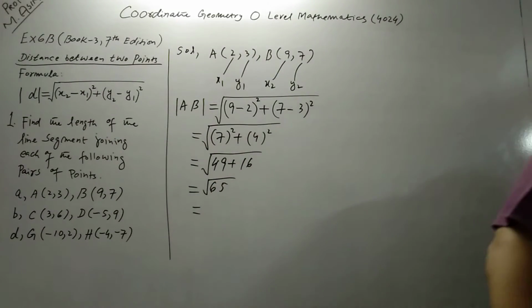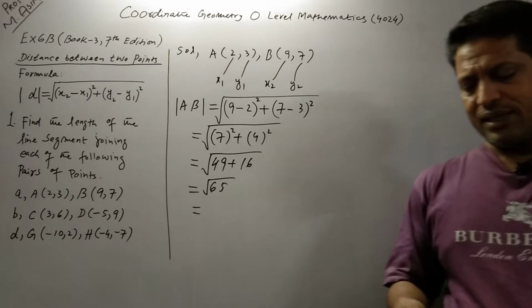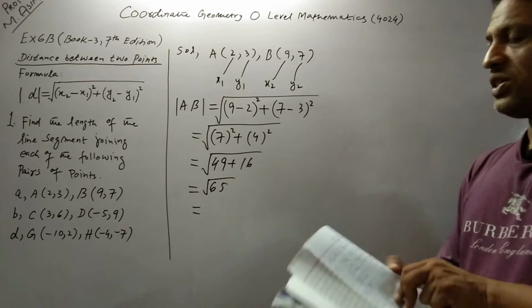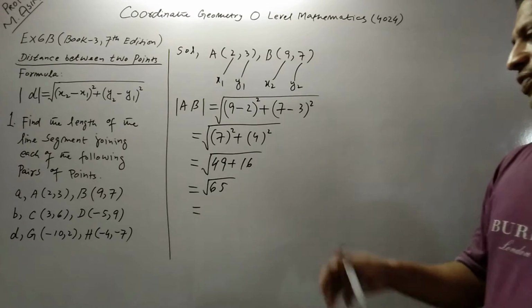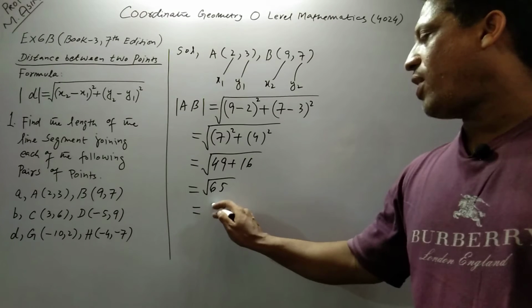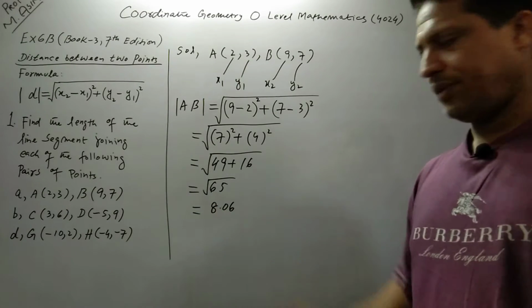Or if you want to write the answer in decimal form, just use your calculator and find the value of root 65. The value of root 65 is 8.06.